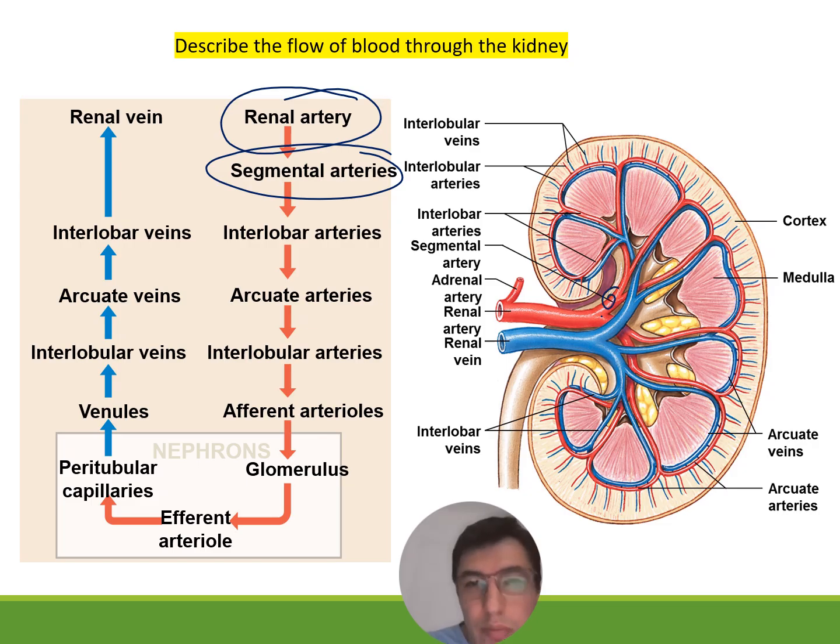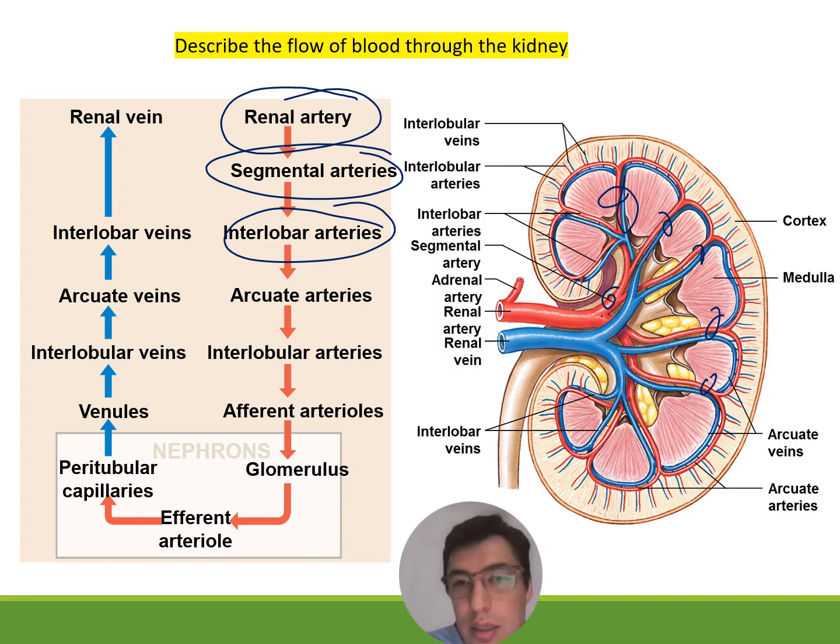So segmental arteries will be the arteries that come right off of the renal artery. Then we're going to go into interlobar arteries, which are arteries that are in between the pyramids. So if you're asked what type of vessel is flowing through those renal columns within the renal medulla, you will say the interlobar arteries.